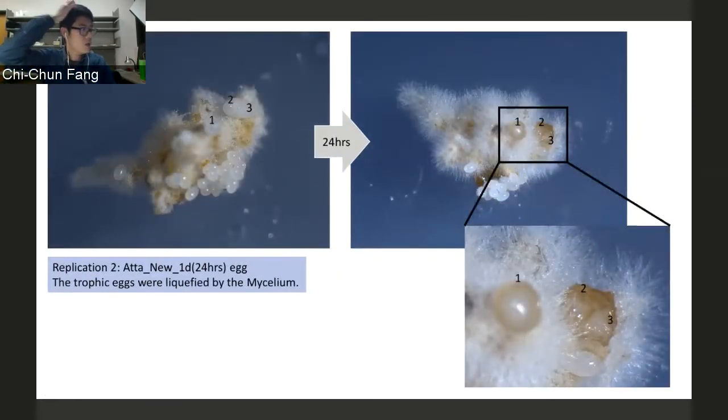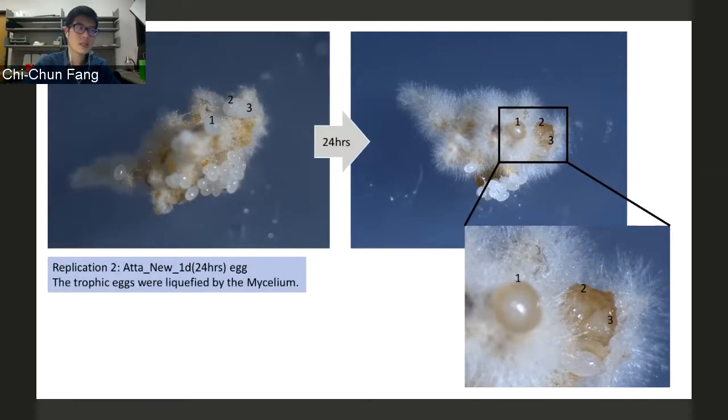This is another replication that we did of the collection, and you can see after 2 hours in the first footage, you see 3 trophic B eggs. After 24 hours, we clearly see that the trophic eggs got liquefied. So would the egg be liquefied by the fungus only, or would it be liquefied just by itself, without the fungus?